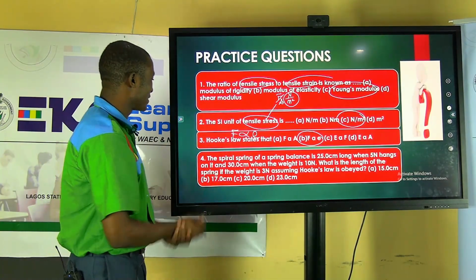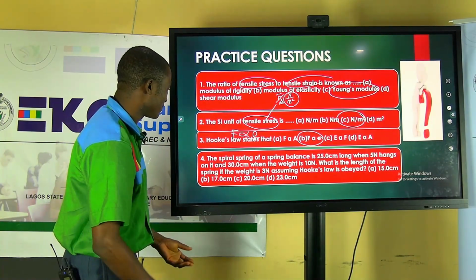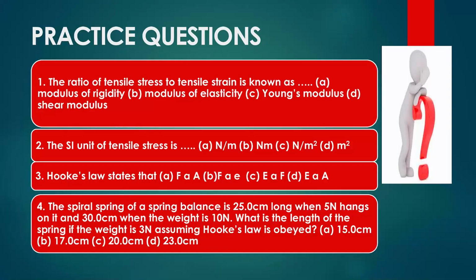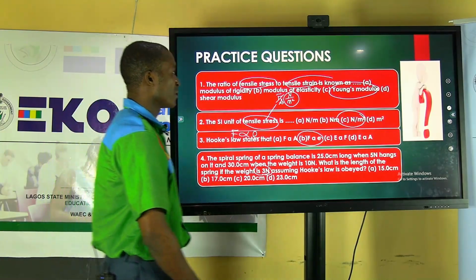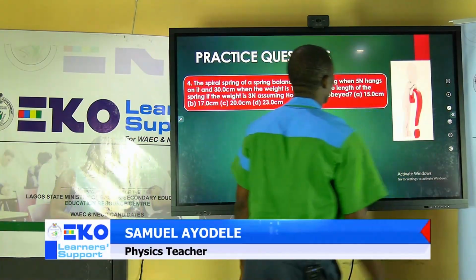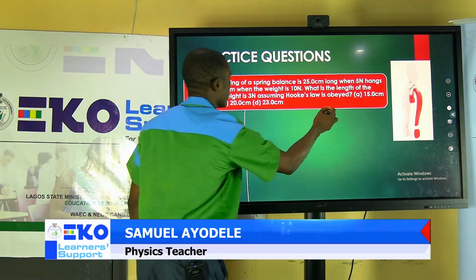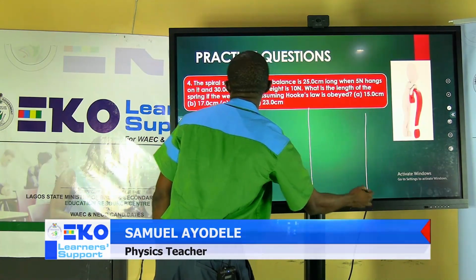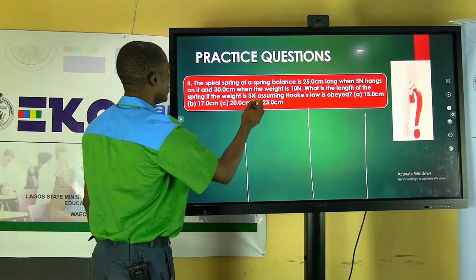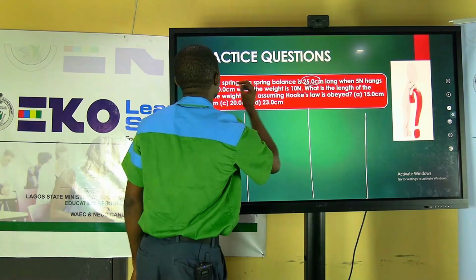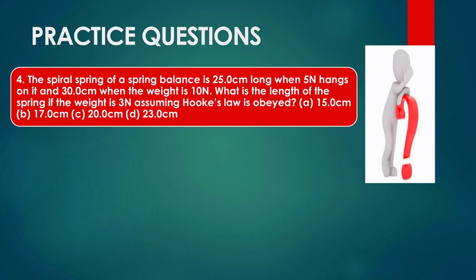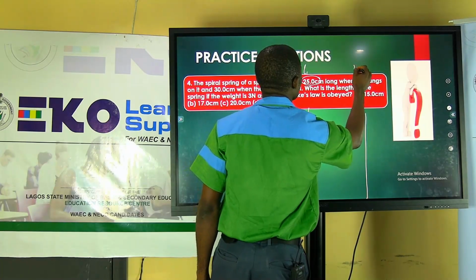The last part is asking us to calculate what length of the spring we are going to have at 3 Newton if Hooke's law is obeyed. Let's quickly go through it since we have attempted it, so we will not waste too much time. The spiral spring of the spring balance has original length L0. When this is L1, this is F1.